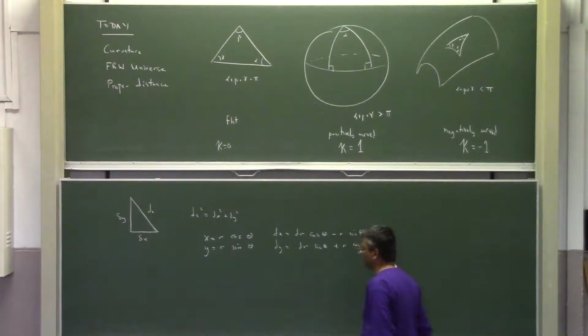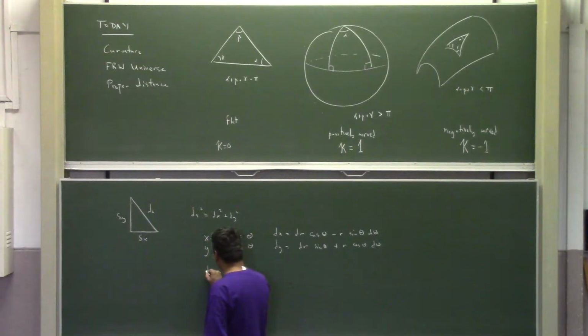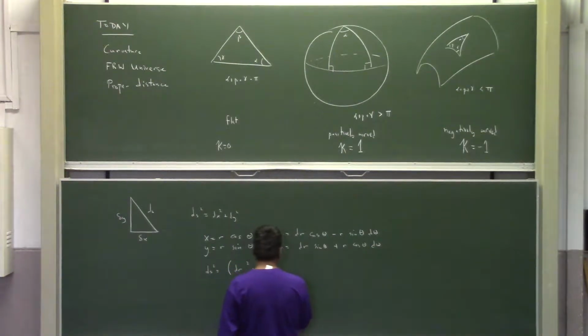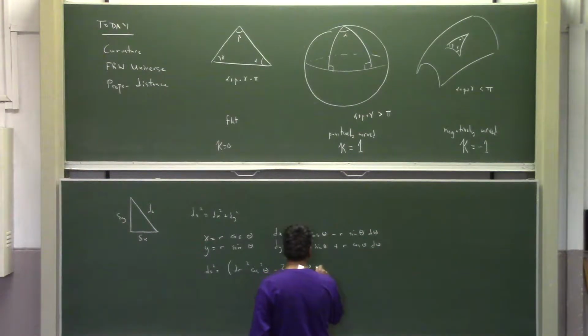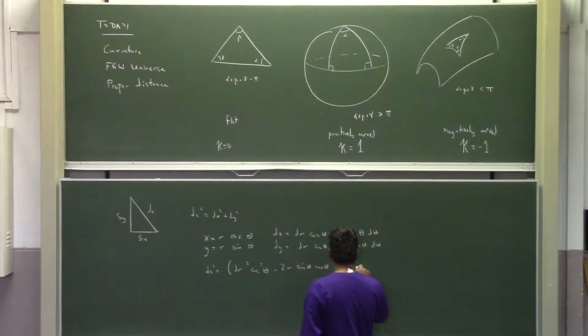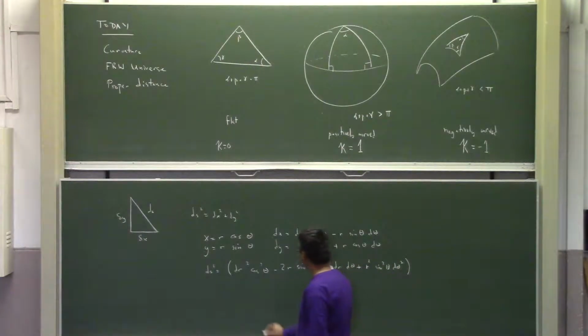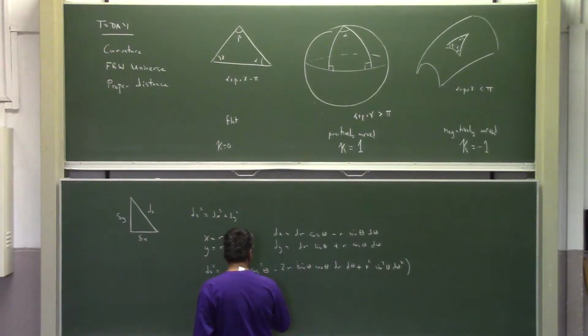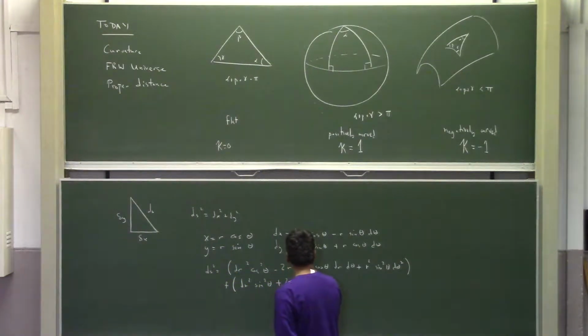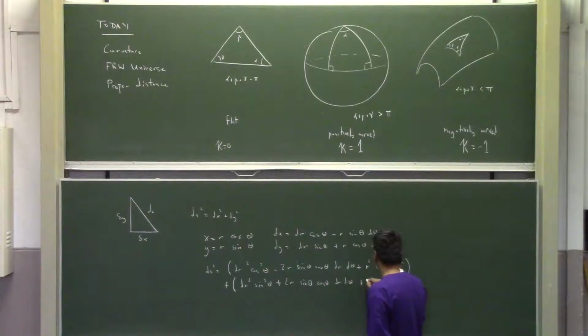So if you write ds squared, this is dr squared cosine squared theta minus 2r sine theta cosine theta dr d theta plus r squared sine squared theta d theta squared, plus dr squared sine squared theta plus 2r sine theta cosine theta dr d theta plus r squared cosine squared theta d theta squared.